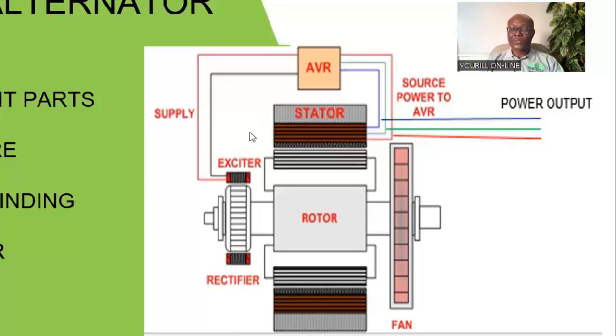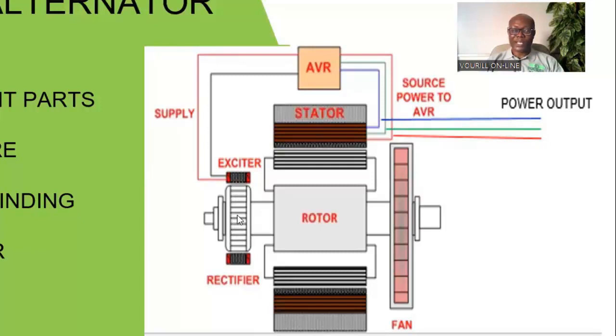Now you can see that the AVR receives its input power from the output of the generator. The AVR converts it into DC, plus and minus, which is sent to the exciter field. Having received this DC voltage, the exciter field is magnetized, and it induces voltage into the rotating armature.